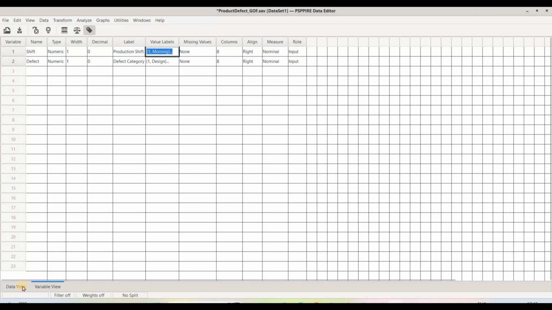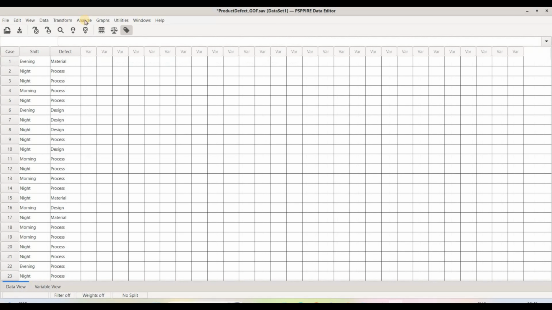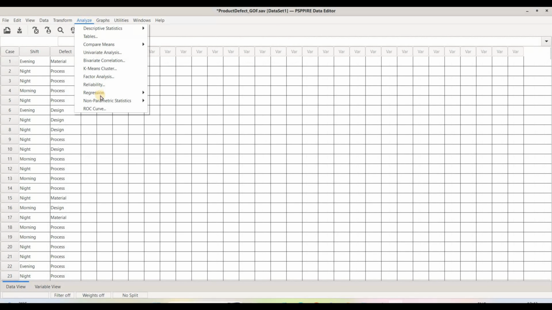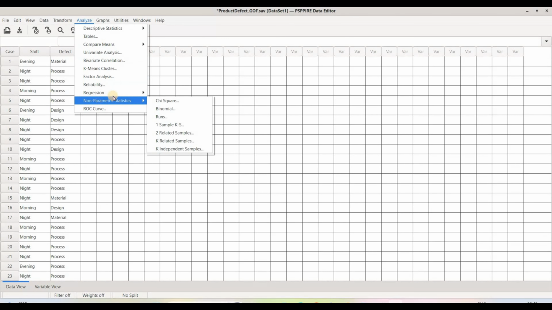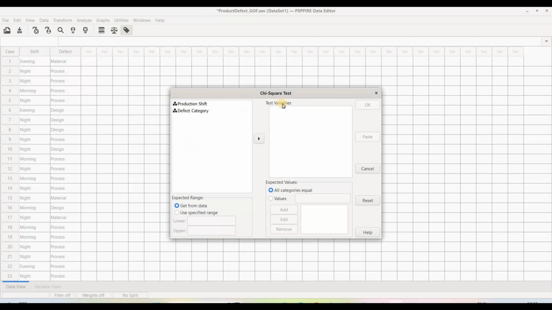So how do we perform this test now? We go to Analyze, go to Non-Parametric, and then Chi-square. Here we see the interface. We're looking for production shift, and I will send it across to the test variables.